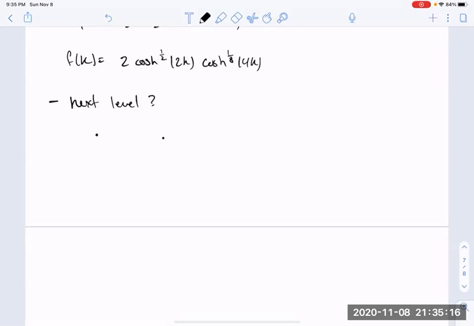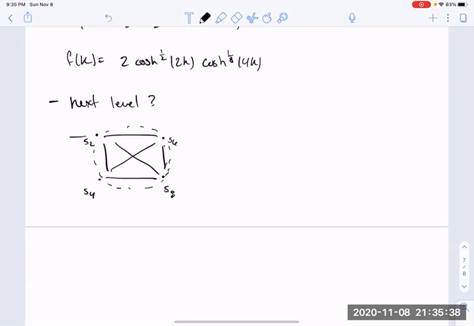We had these spins 2, 4, 6, and 8. They interacted directly along their diagonals and through this 4-body term. They're embedded in an infinite lattice.